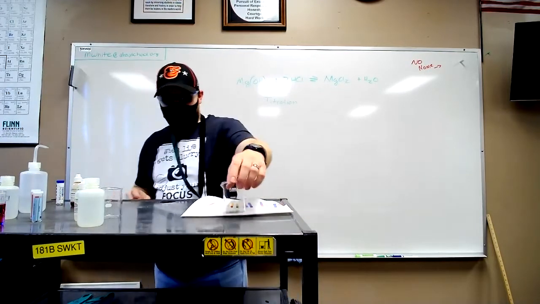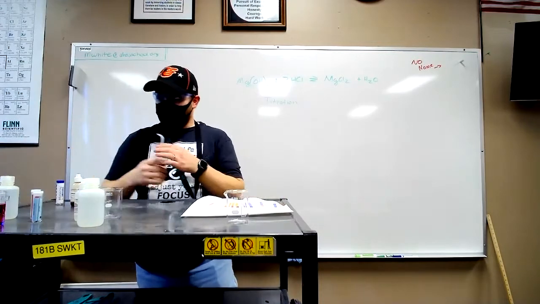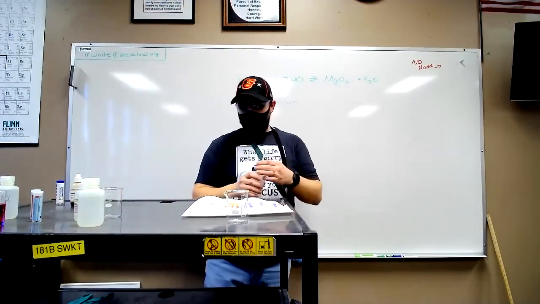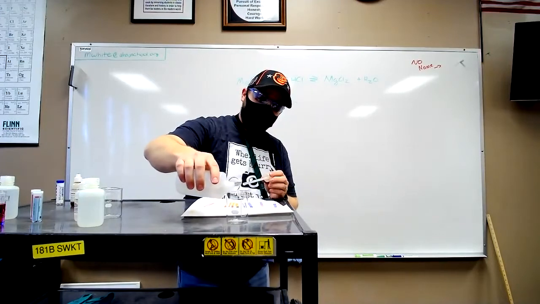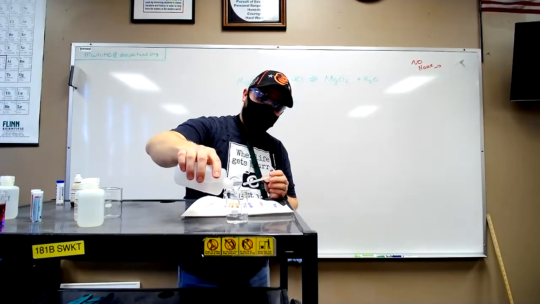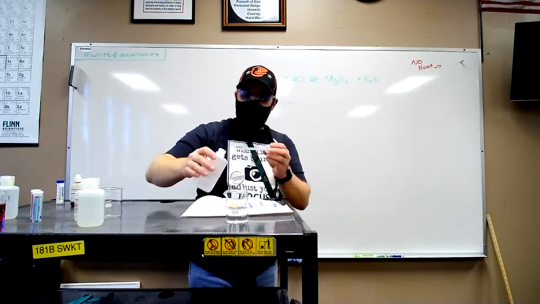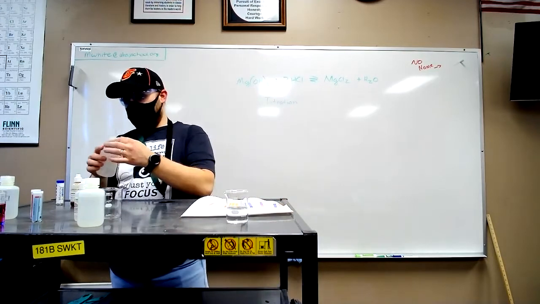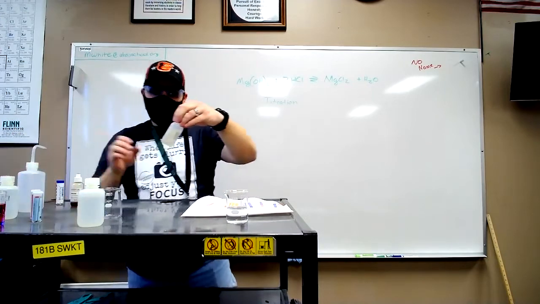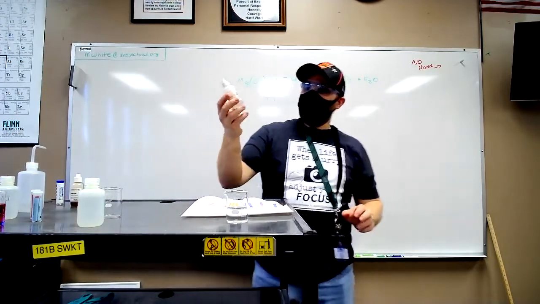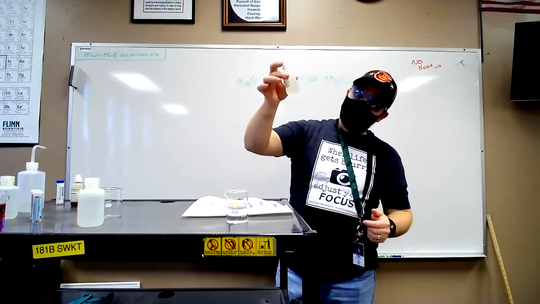Now, for our titration, what we're actually going to be using is an indicator called phenolphthalein. Add water here. This is our phenolphthalein indicator. You'll notice it's clear.